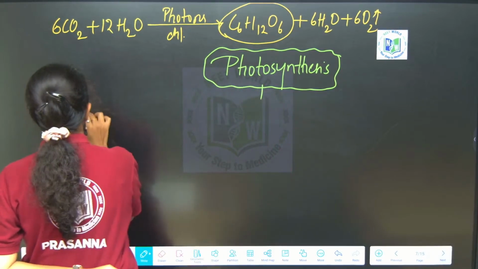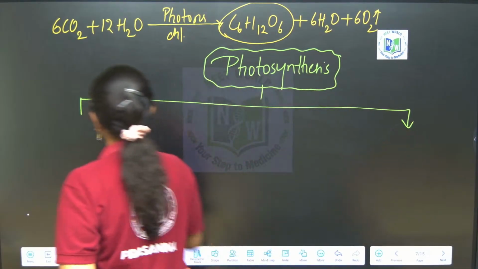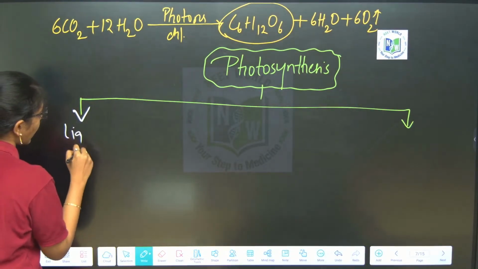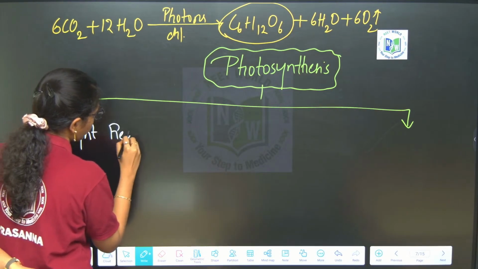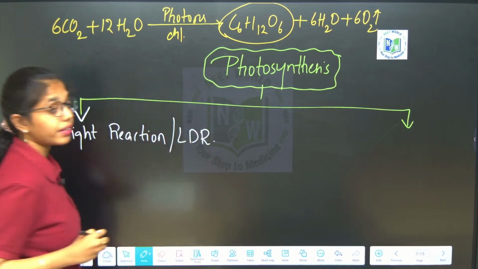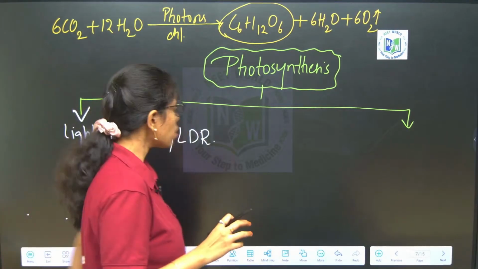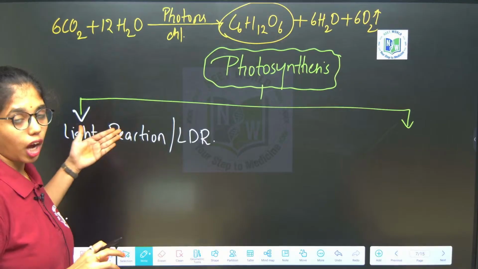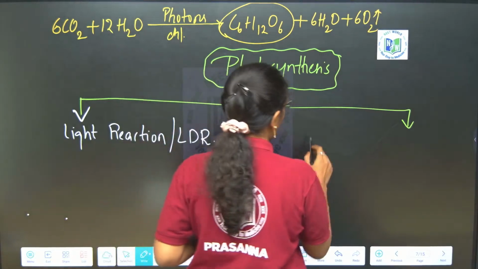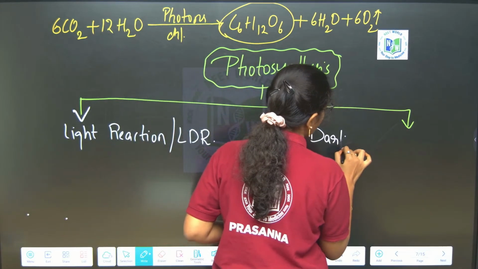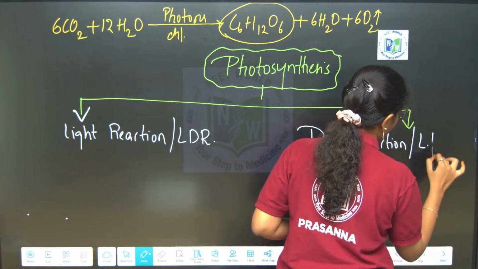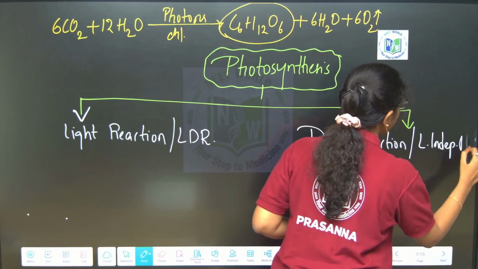Firstly, we have light reactions and dark reactions. Light reactions are also called light dependent reactions. All these reactions are directly dependent on light, and the further reactions which continue after the light reactions are dark reactions, or light independent reactions.